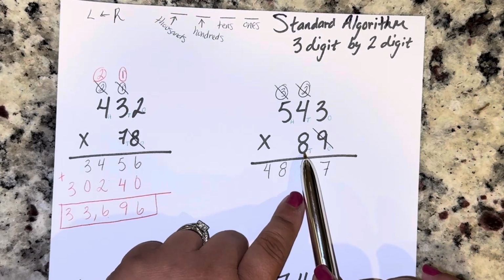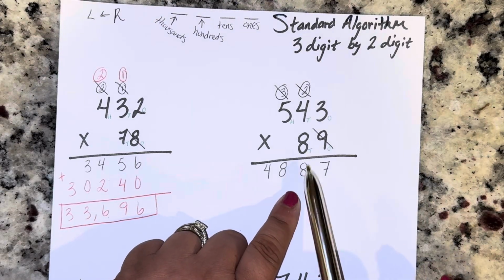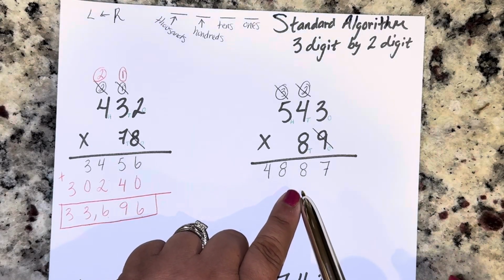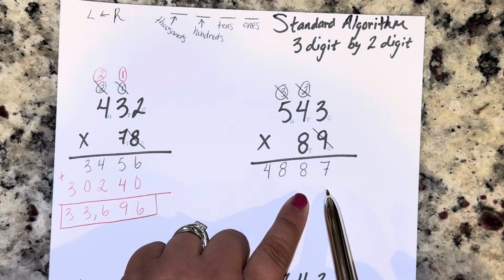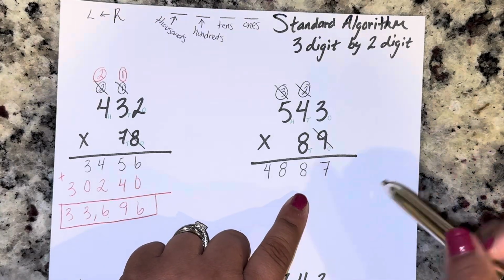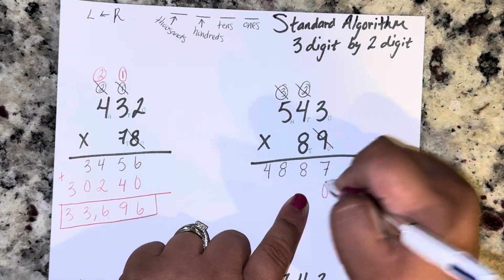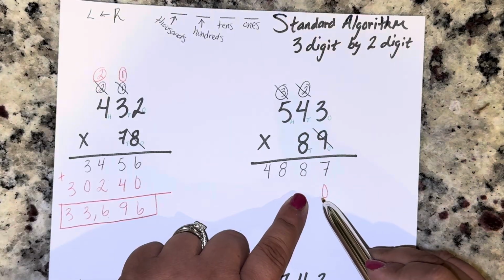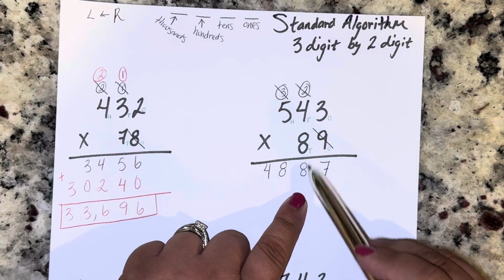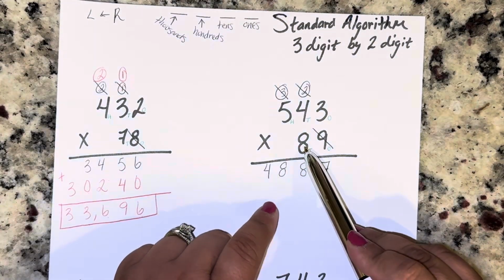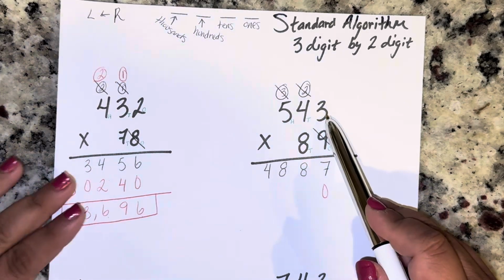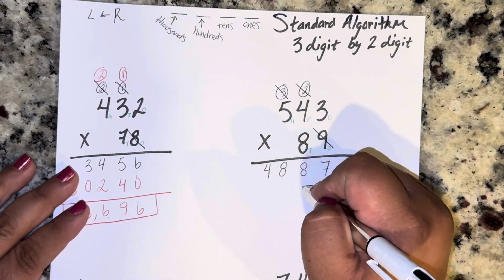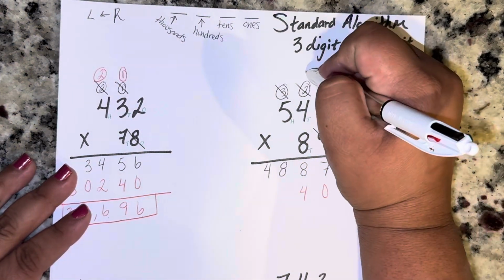Because we are moving to our tens place, we're going to start right here. Therefore, I need to add a 0 in my ones place as a placeholder. So I'm going to add that 0 there. And now we can start multiplying with our tens. 8 times 3 is 24. I'm going to bring my 4 down, and I'm going to regroup my 2.